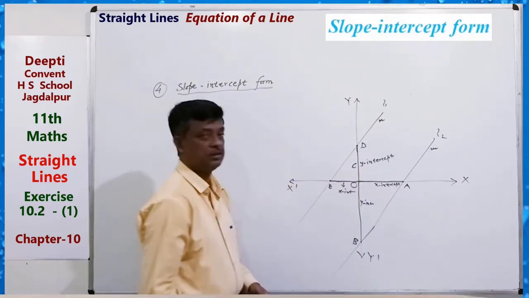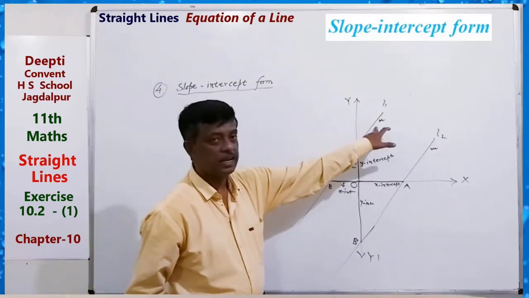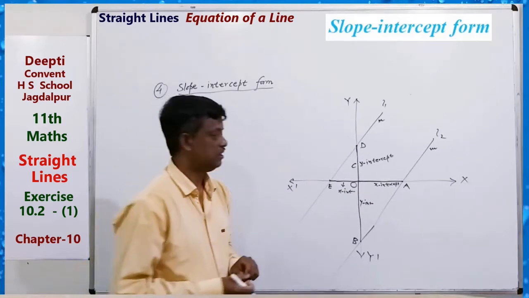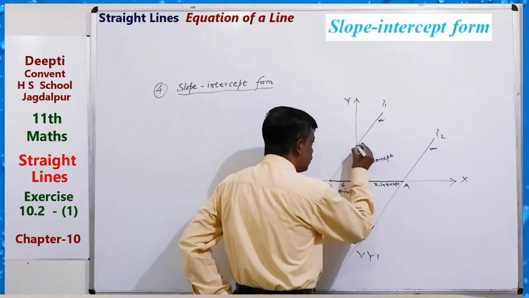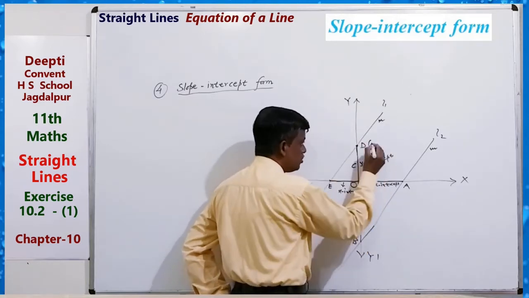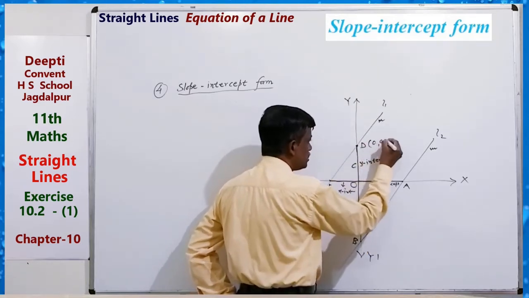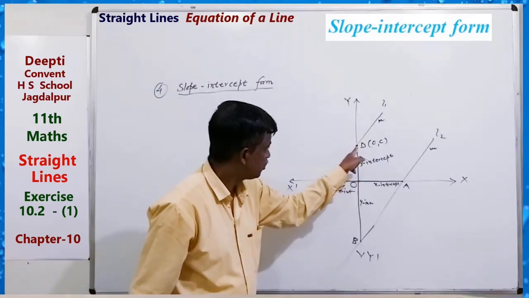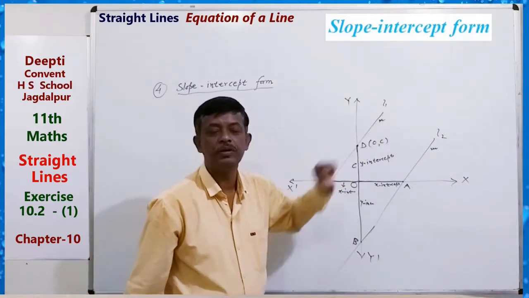This line makes y-intercept c. Then what is the coordinate of D? Here x equals 0 and the value of y is c. This line passes through this point and has slope m.